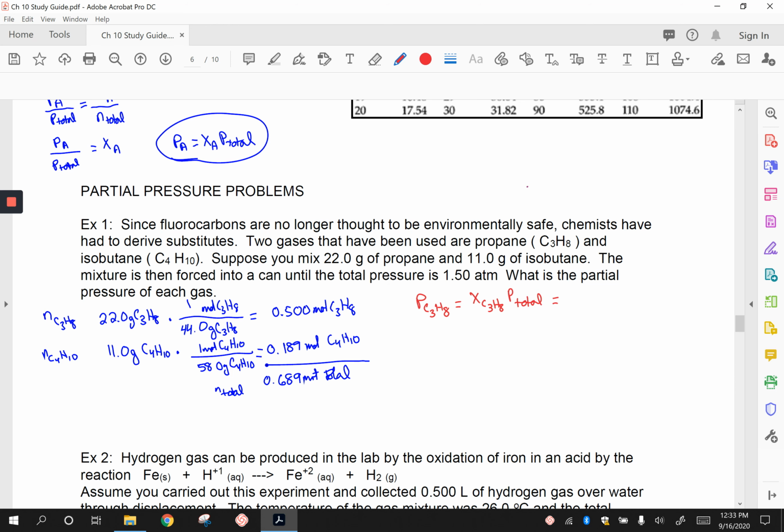My mole fraction would be moles of propane, 0.500 moles over 0.689 moles, times my total, which is 1.50 atm. And so I got my partial pressure of the propane to be 1.09 atm.